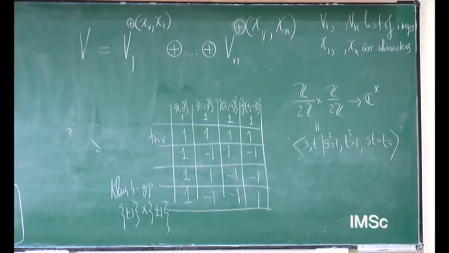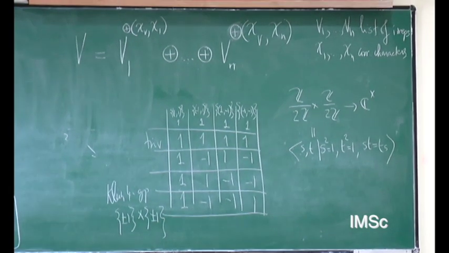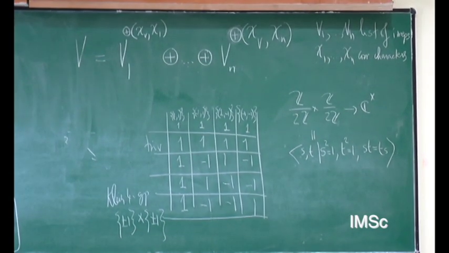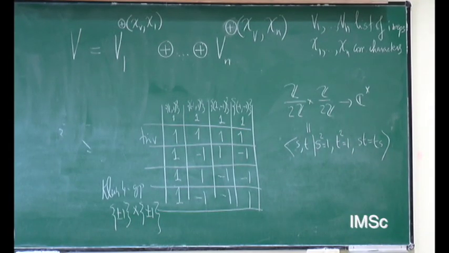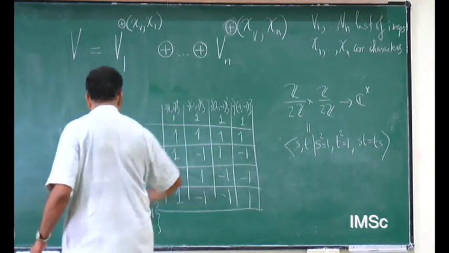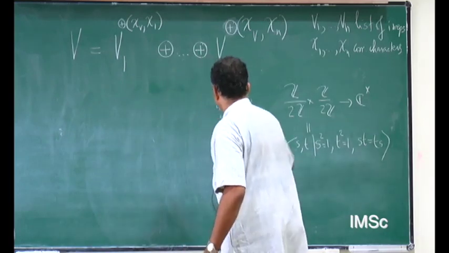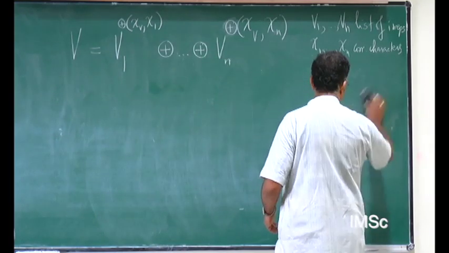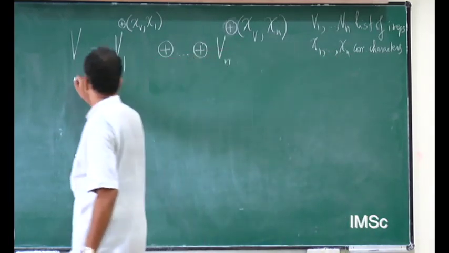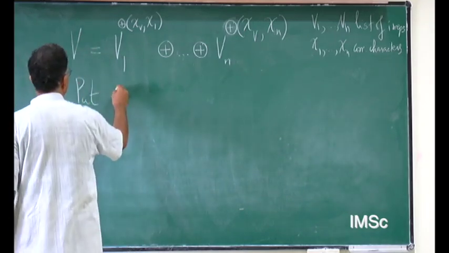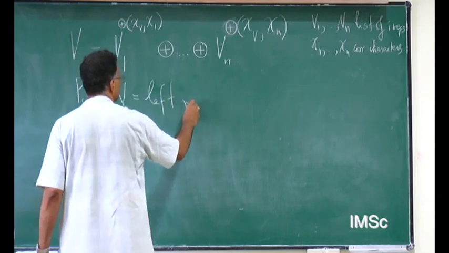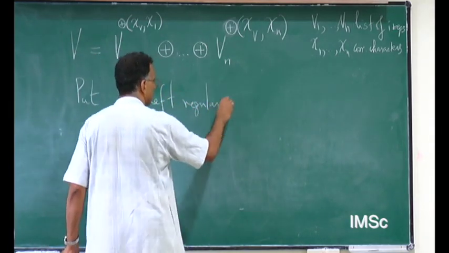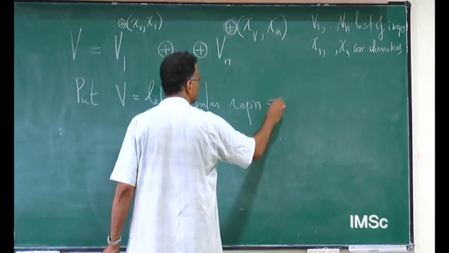This comes about because you have the orthogonality of characters, right? And then we saw that if I put V equal to the left regular representation, I am repeating what we did.